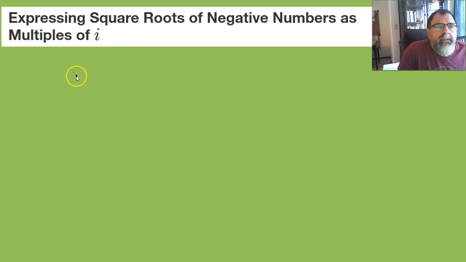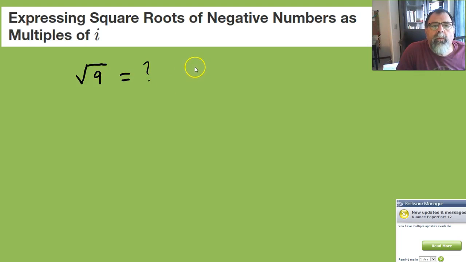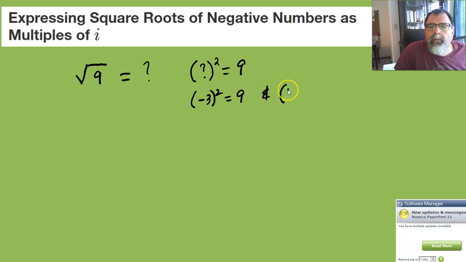Now remember, this square root symbol is really the principal square root. So if I asked you, what squared is equal to 9? There are two answers: -3 squared is 9 and 3 squared is 9.